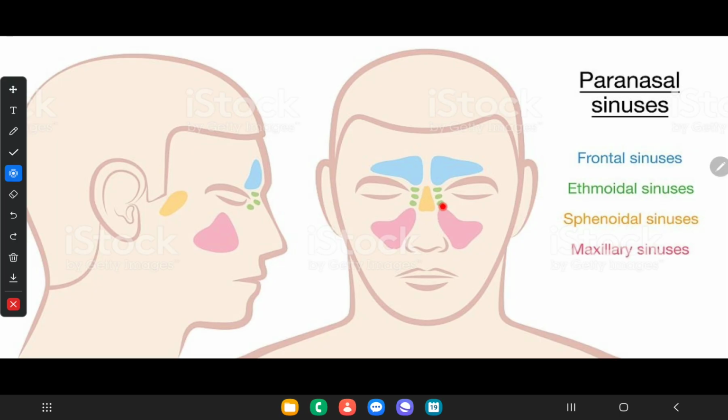Here you can see the nose or the nasal cavity, and then you can see the air-filled bony spaces around the nasal cavity. These sinuses open in the lateral wall of the nasal cavity, and there are four main paranasal sinuses: frontal sinus, ethmoidal sinus, sphenoidal sinuses, and maxillary sinuses.